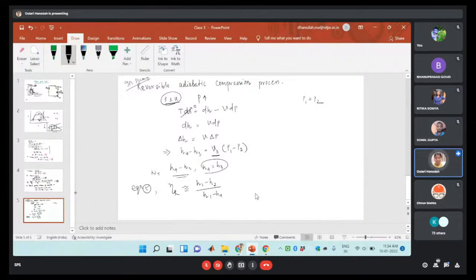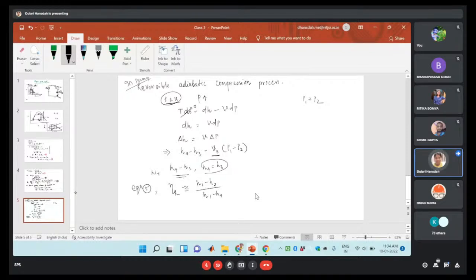When the pump work is quite small as compared to the turbine work, we generally neglect the pump work. Then we write H4 equals H3, and the efficiency can be written as H1 minus H2 upon H1 minus H4.